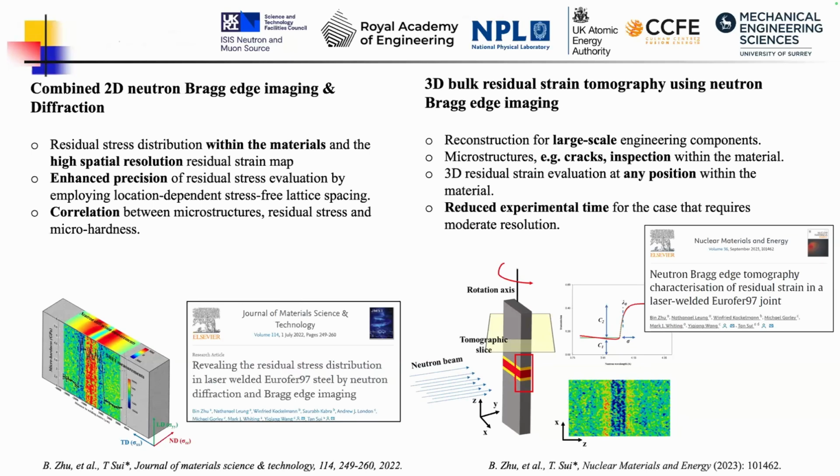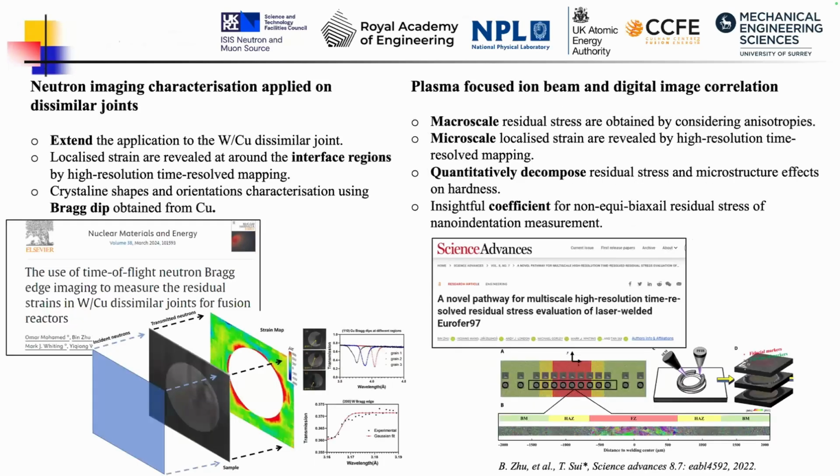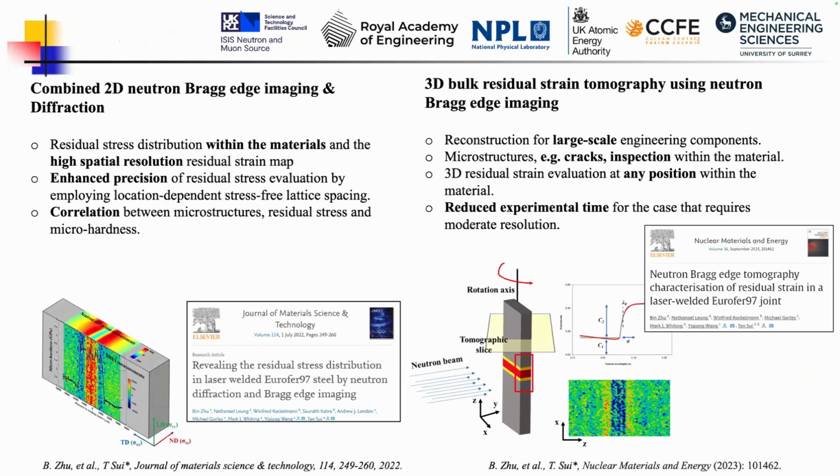And this idea and these research findings really inspired us to move one step further, to achieve residual strain tomography by developing a technique called neutron Bragg edge imaging tomography, with limited projections to achieve a cost-effective approach to evaluating the residual strain in three dimensions.